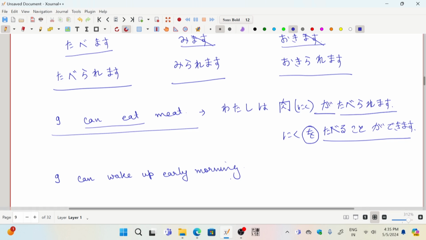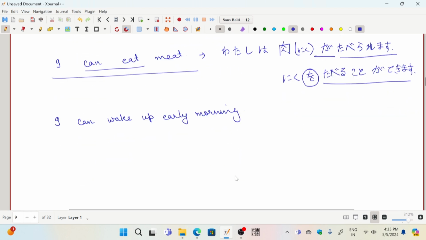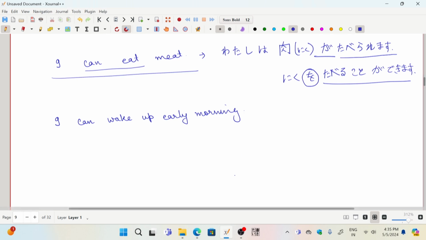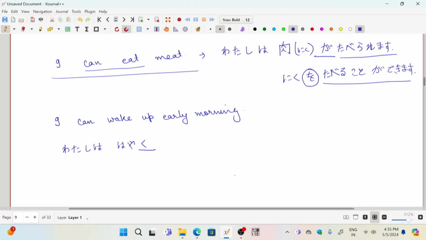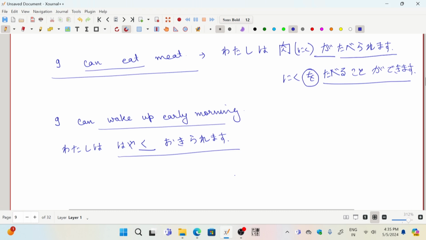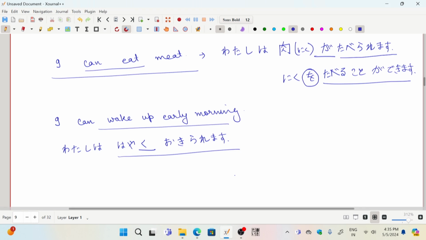So here, watashi wa hayaku. Hayai will change into hayaku as an adverb. Watashi wa hayaku okiraremasu. Here no particle has come because there is nothing to put time or object. So watashi wa hayaku okiraremasu.